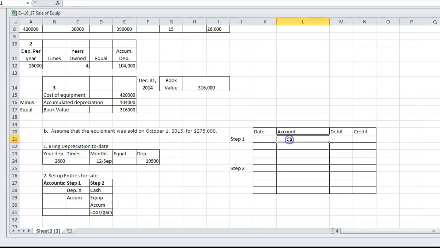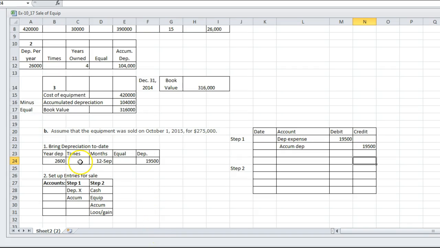And we want to record that as depreciation expense, $19,500, and accumulated depreciation of $19,500. Okay, that adds to our accumulated depreciation.